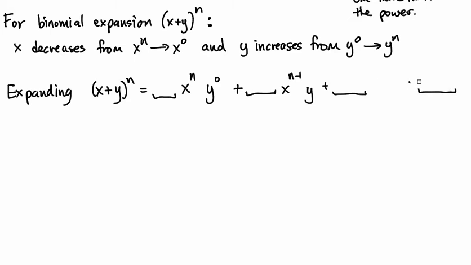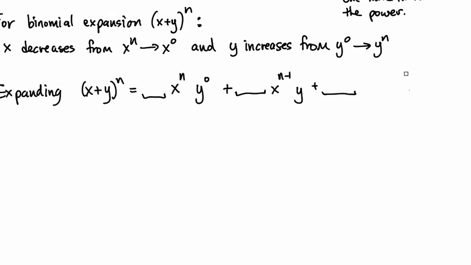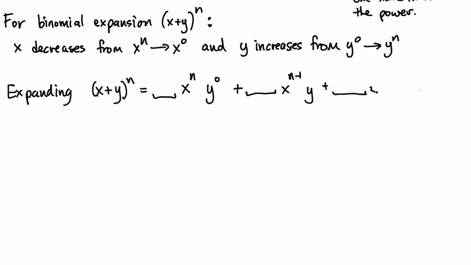A coefficient, and then x to the n minus 2, y to the 2, and that'll keep going until we get to the very last term, and there'll be a coefficient for the last term, and then x will be to the 0, and y will be to the power of n. So y to the 0, y to the 1, y to the 2, all the way up to y to the n, x to the n, down by 1, all the way to 0.